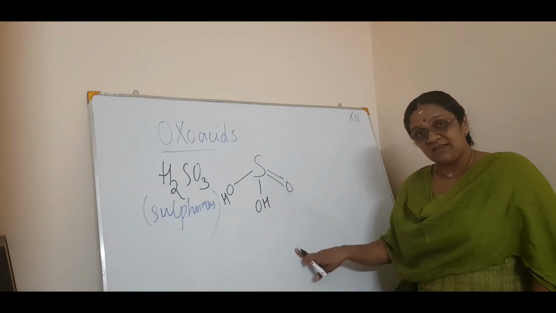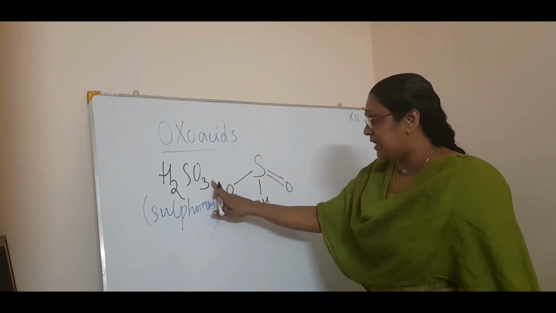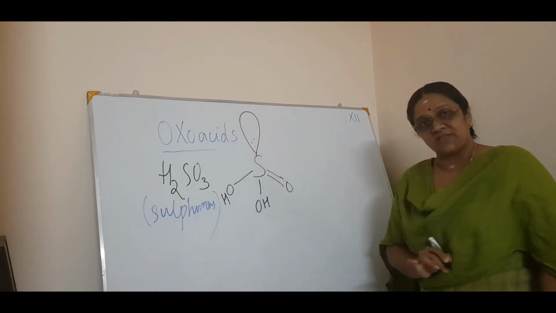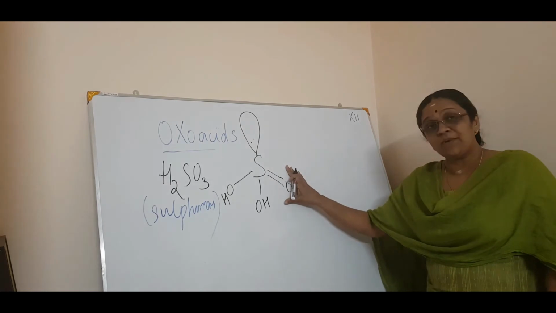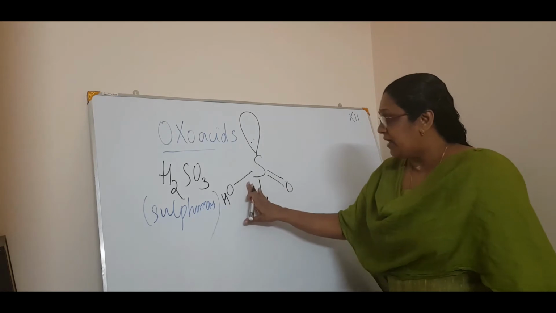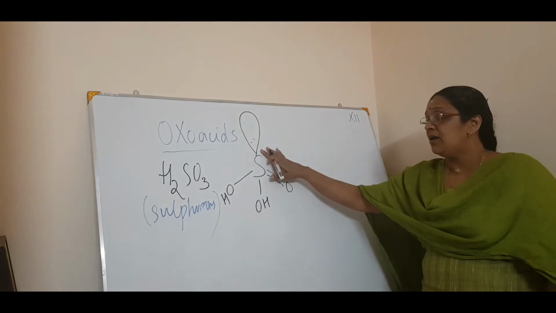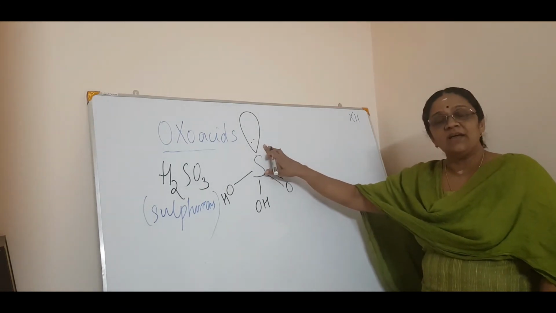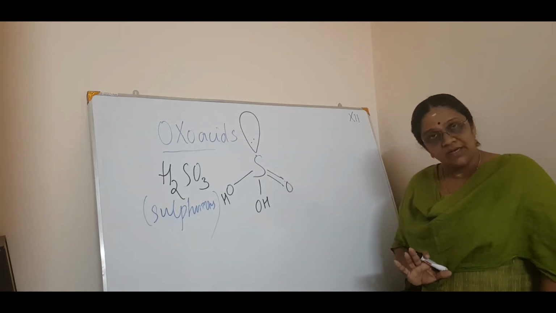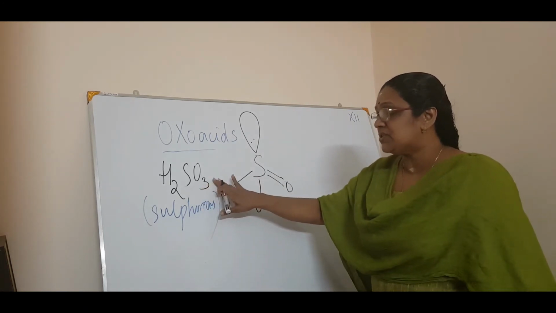That is the acidity. Then there are 3 O, 2 H and 1 S, and sulfur contains a lone pair of electrons. Here some mistakes happen, because you will count 1 S, 2 H and 3 O and forget about the lone pair. But only if you put this lone pair of electrons will the structure be valid. Remember that. So this is the structure of H2SO3.